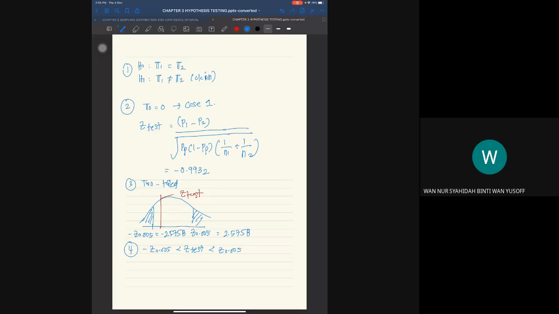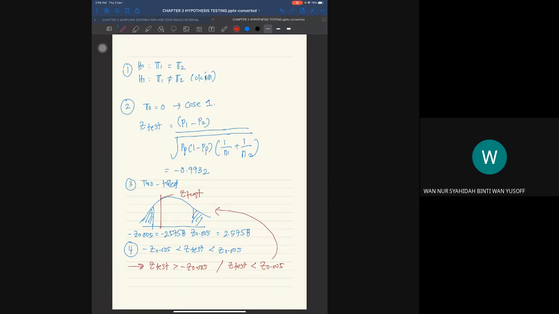If you just state one side, it is wrong. Because when the Z test or the test statistic is in between, for the comparison we have to state both sides. If you make a mistake here, let's say you write either one, then I will refer to your picture.